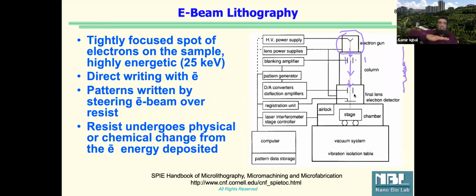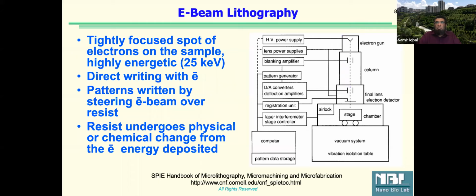The surface is coated with a polymer material, what we call E-beam resist. It's a material which undergoes chemical changes when it is exposed to electrons. So we directly write our pattern or whatever device design we want to write.